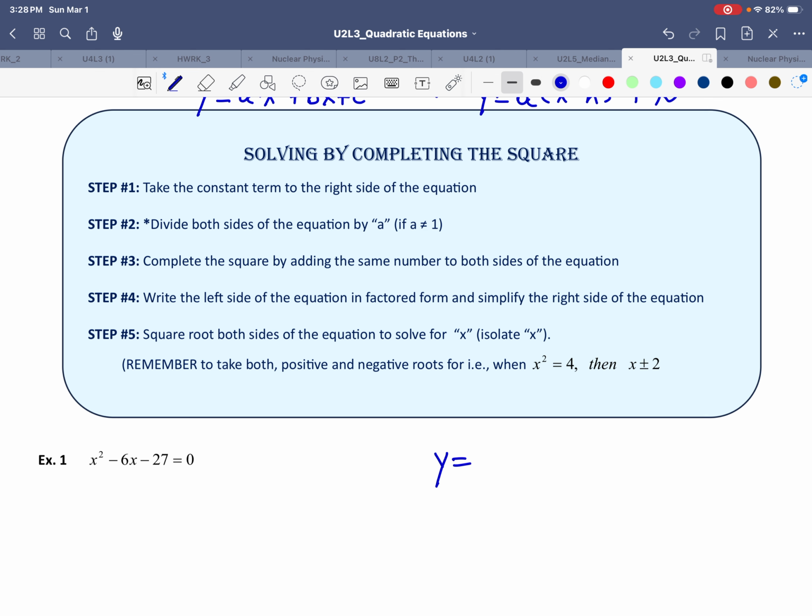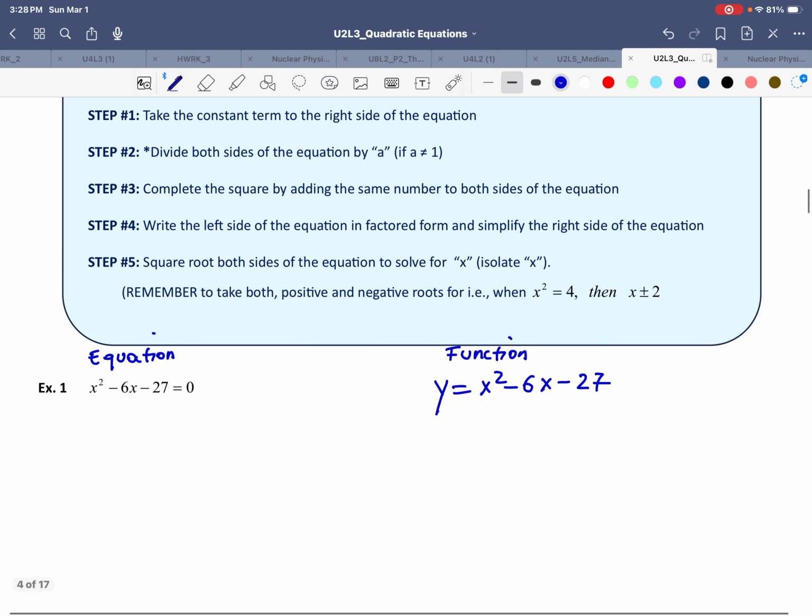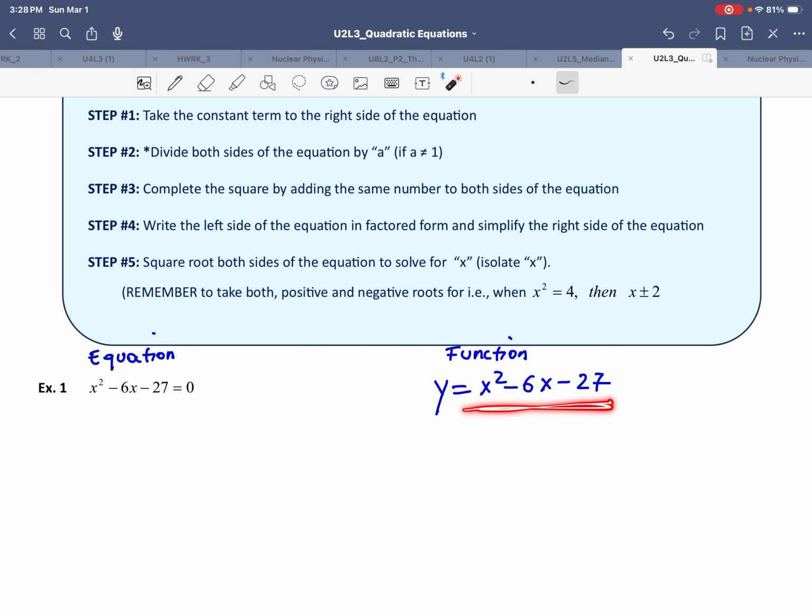So I'm going to rewrite this function x squared minus 6x minus 27 as a function. So this is the function, and this one here is the equation, because I want us to see the discrepancies in the methods. So I'm going to start with some of the things that we know, and we have recently reviewed as well.